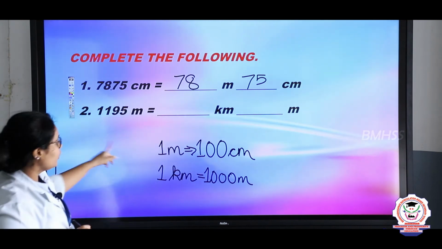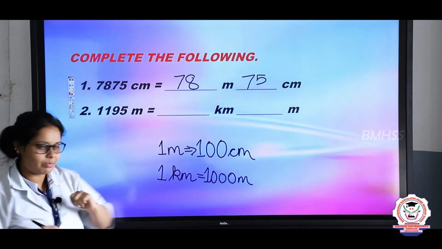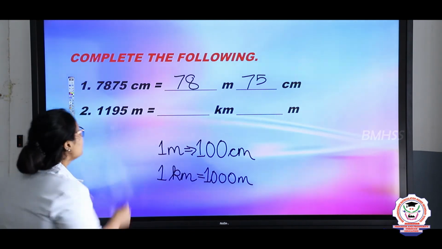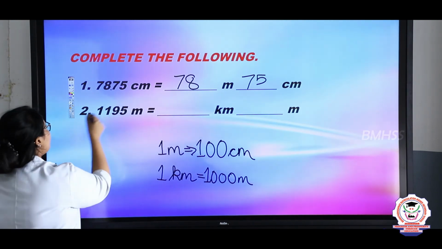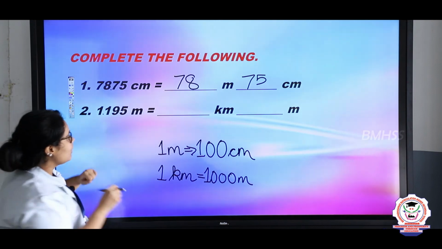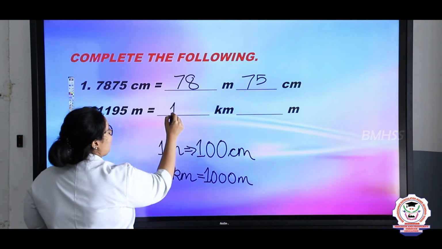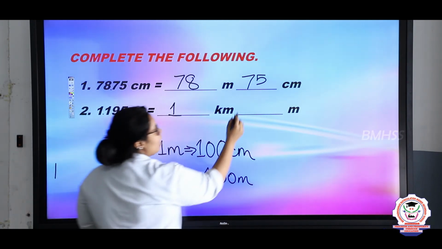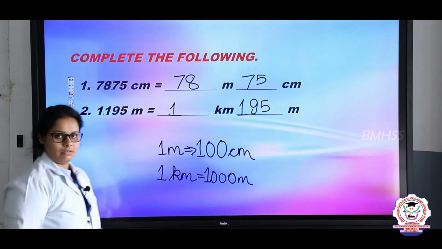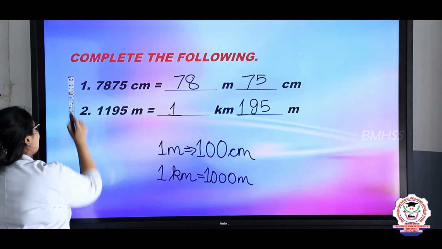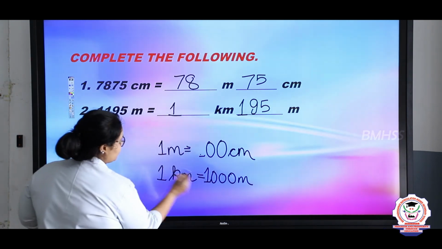Thousand is 3 place value, that is 3 zeros are there. So we write it as 1, then a point, then 195. So the answer will come as 1 kilometer and 195 meters, right?